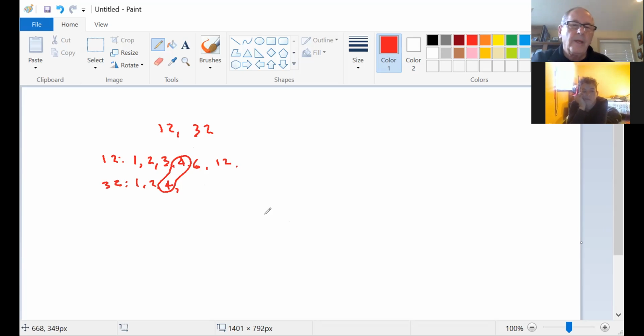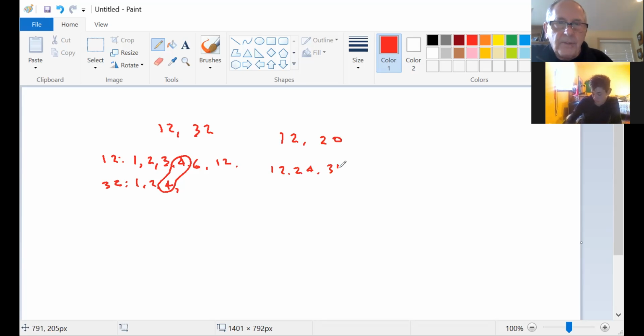I remember that. And then least common multiples are numbers bigger than the largest one. So if you had 12 and 20, you'd take multiples of all these numbers: 12, 24, 36, 48, 60, 72, 84.